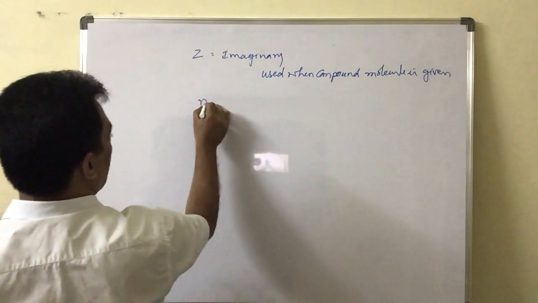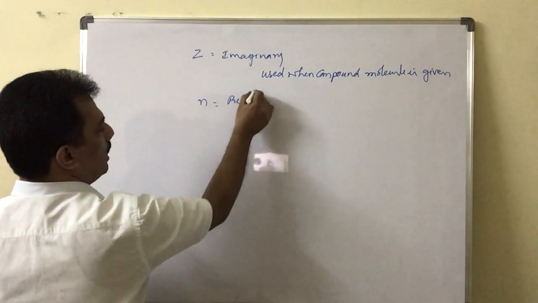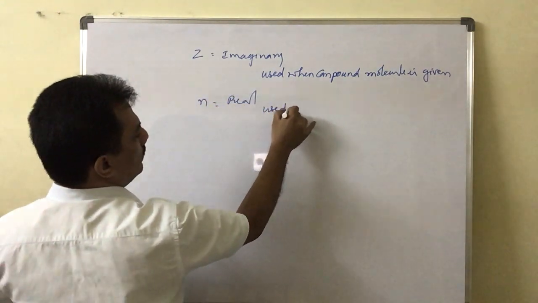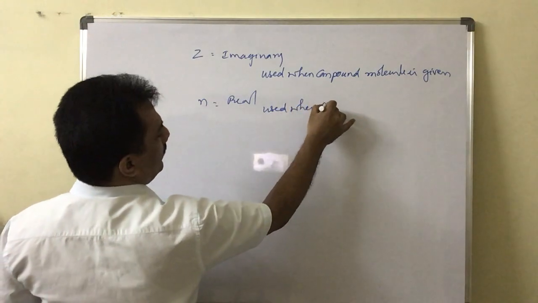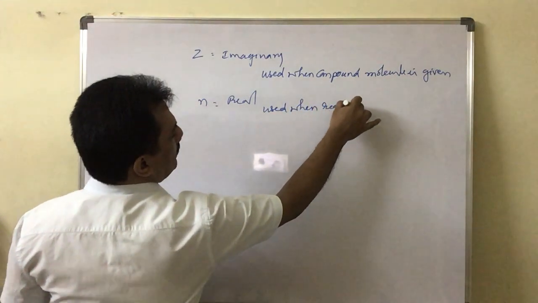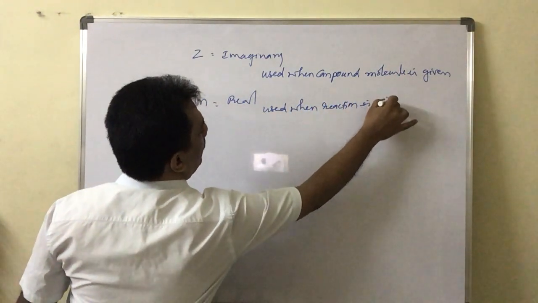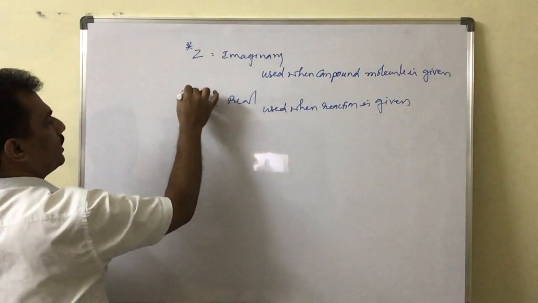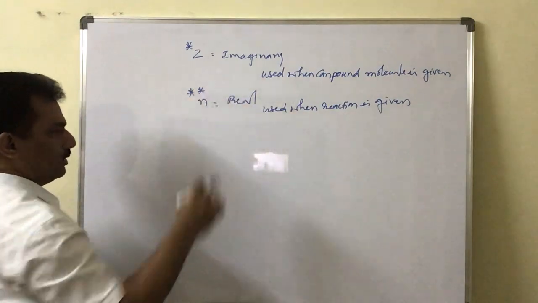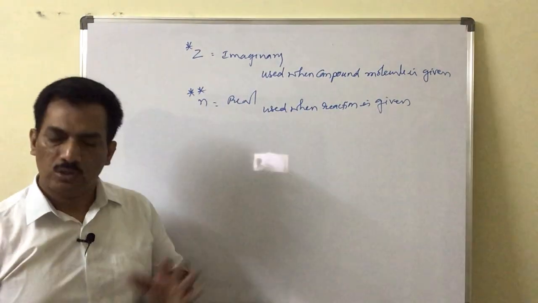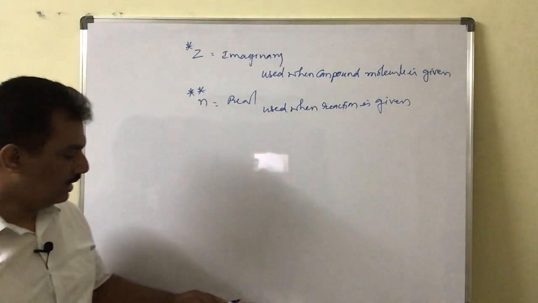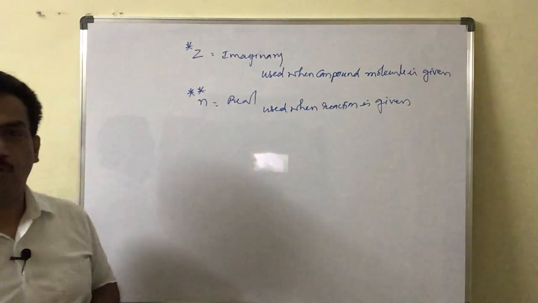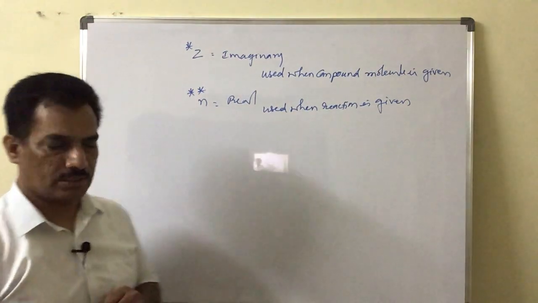N is real and is used when a reaction is given. This is a very important topic to understand equivalent weight. So many people have doubts in this regard, so let me explain one after the other with examples.